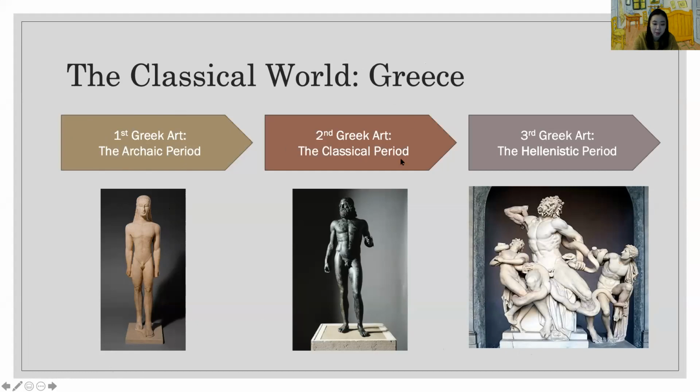The classical period shows the complete technique to create natural freestanding sculpture. And the Hellenistic period shows emotions and dynamic movement beyond the classical. So please understand the differences between the Greek time periods.